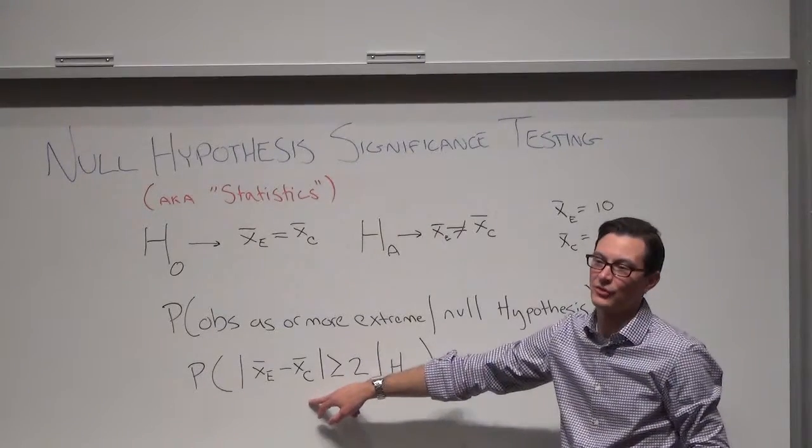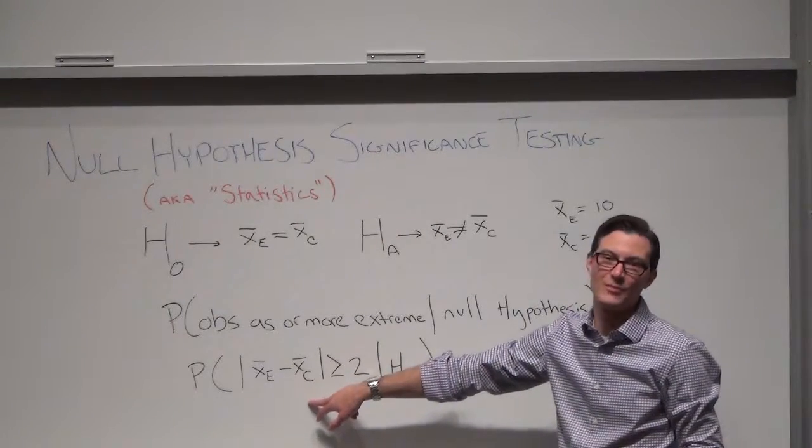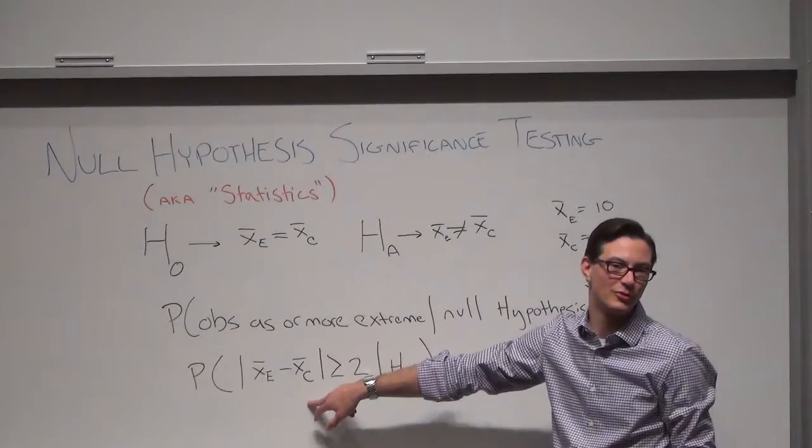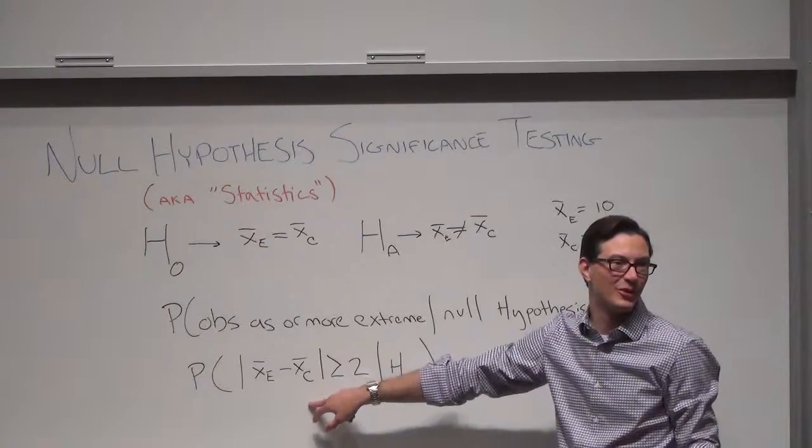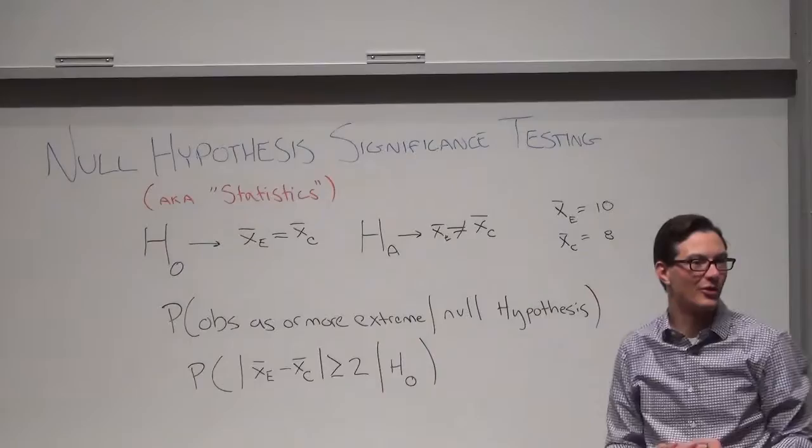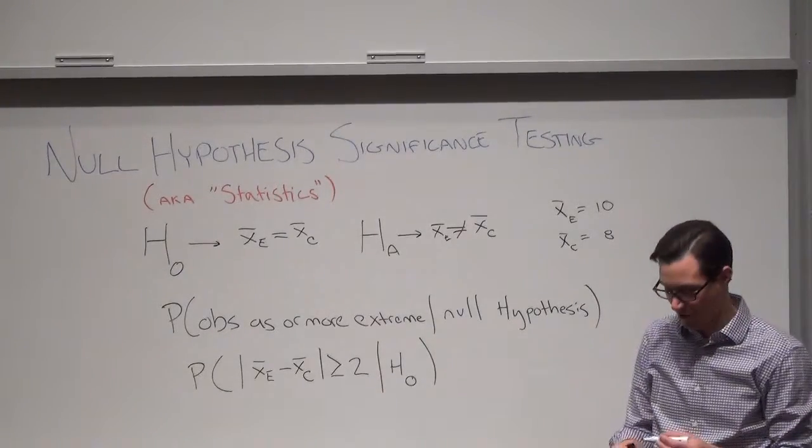And here I put absolute values, so we're going to go in either direction. Because a priori, again, we don't know that maybe blueberries are shortening life. We don't want to assume that the effect is going to go in one direction or another. That's sort of putting our fingers on the scale.